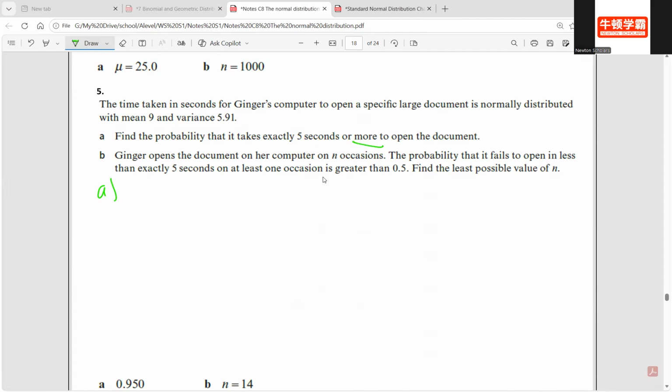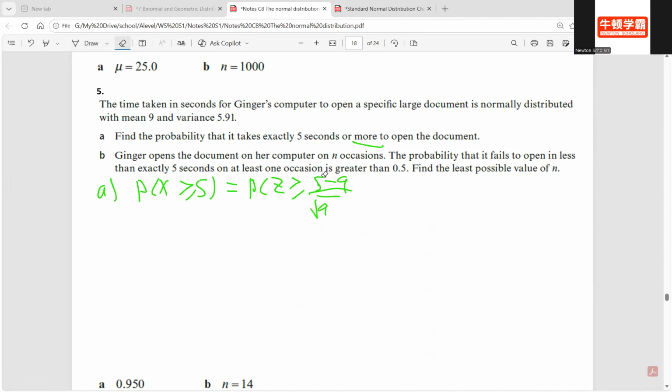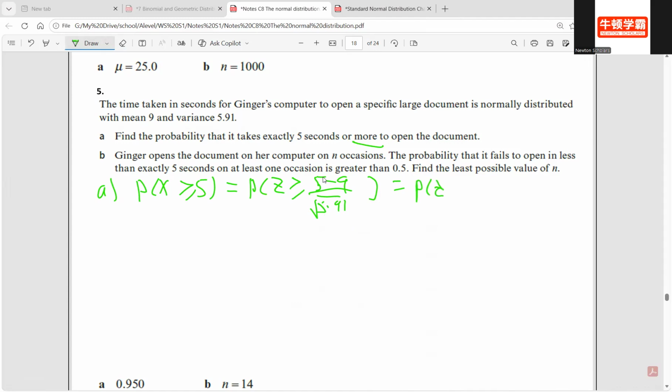It is more. So P(X more than 5) equals P(Z more than (5 minus 5.9)/...), 5.91. So for this one, press the calculator and you will get P(Z more than negative 1.645).